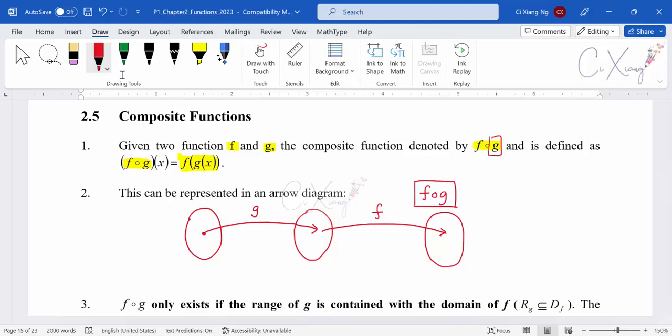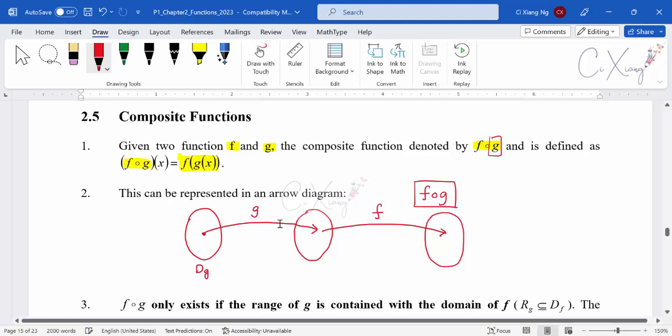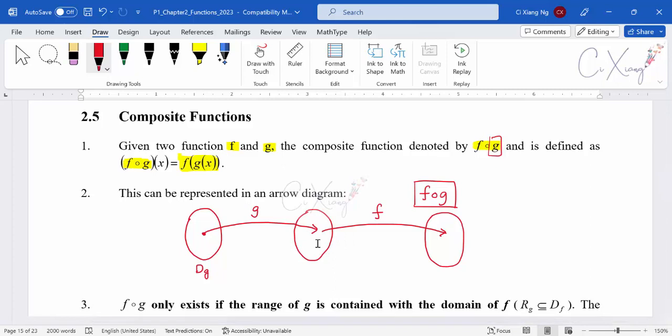If you have a look at this arrow diagram, the first set of data is very clearly the domain of g. When we send this set of values to the second set of values, this is the range of g.